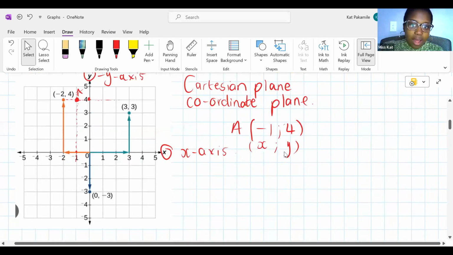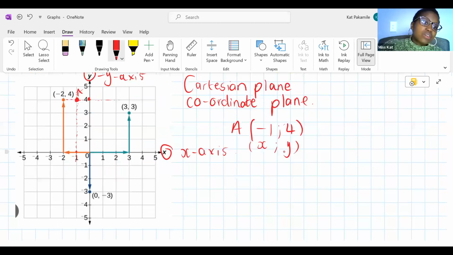So I'm going to name this point. Oh, they already gave you the answer. Never mind. Okay, I'm going to do a different example. I'm going to make up a point B, and I'm going to say to you, B is the point 4, -3.